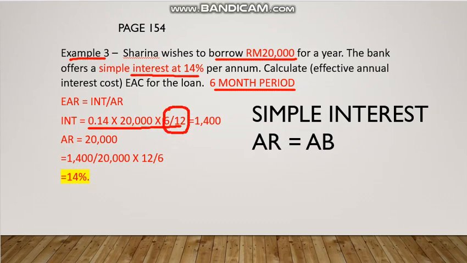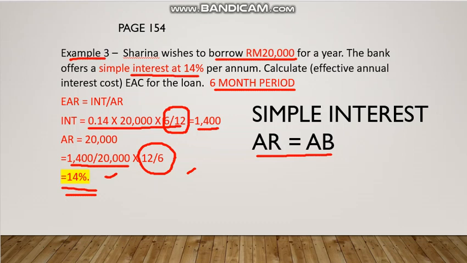So the interest we get is 1,400. So 1,400 divided by 20,000. Why 20,000? Because for simple interest, AR equals AB. Lastly, we have to multiply by 12 over 6. All these figures were divided by 6 over 12, so now we multiply by 12 over 6. So here it equals 14%.